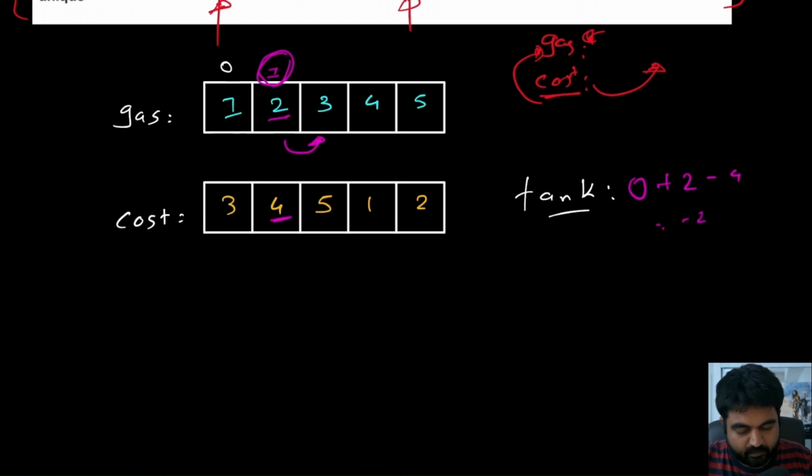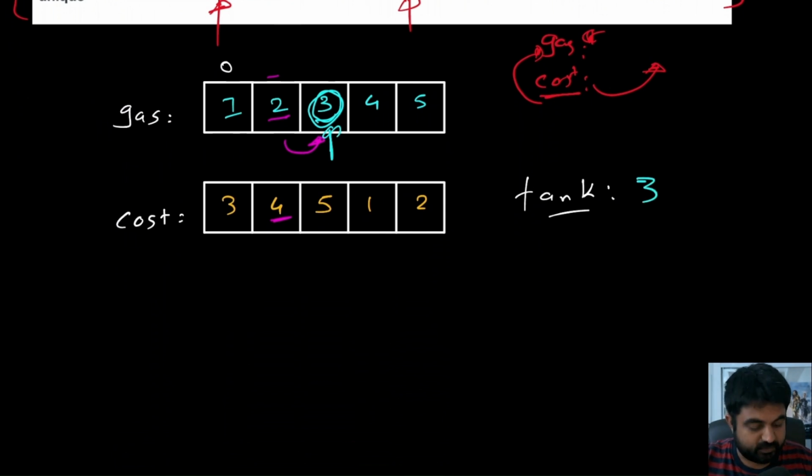Once again, we would not be able to reach the next station, so that would also not work. So let's start our iteration from the next index position. Once again repeating the same logic, currently the tank is 0, but we can add 3, so 3. If we have to reach the next station, the cost is 5, so 3 minus 5. Once again, this would also not work.